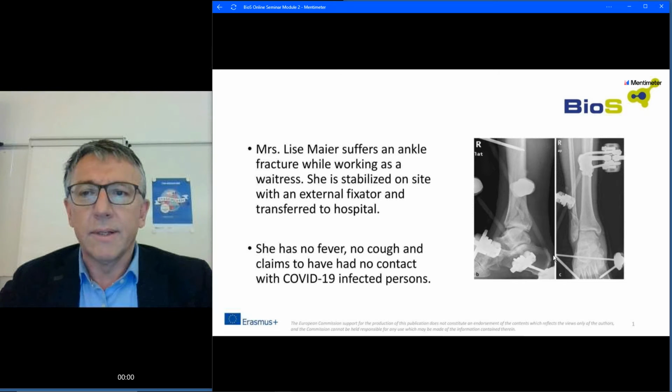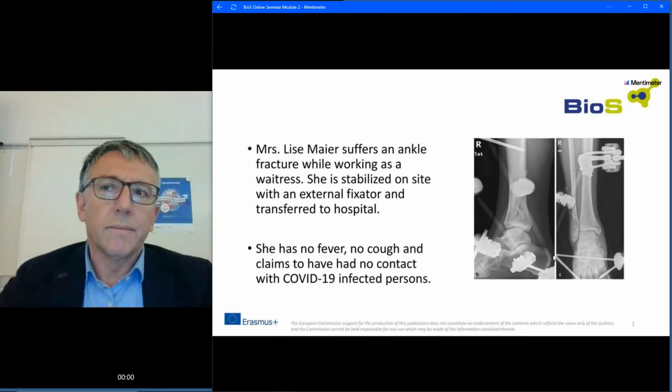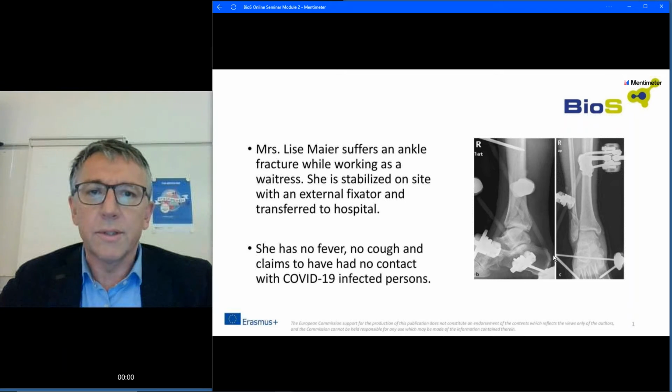For an individual that obtains a PCR test, it's just an example for the doctors that work at our hospital here in Murnau that have the duty to deal with this type of trauma, with this type of fractures.